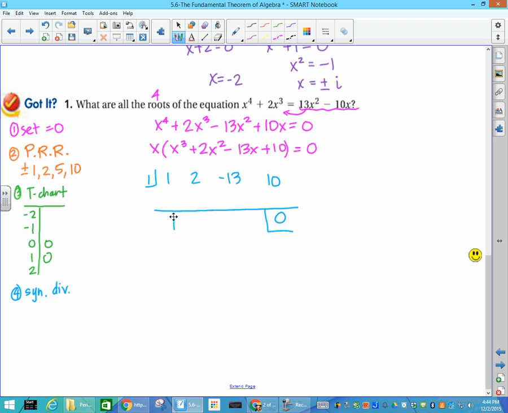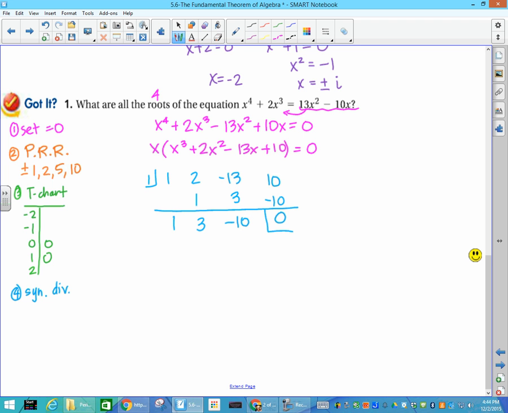Bring down the 1. 1 times 1 is 1. 2 plus 1 is 3. 1 times 3 is 3. -13 plus 3 is -10, and 1 times -10 is -10, so we're good.